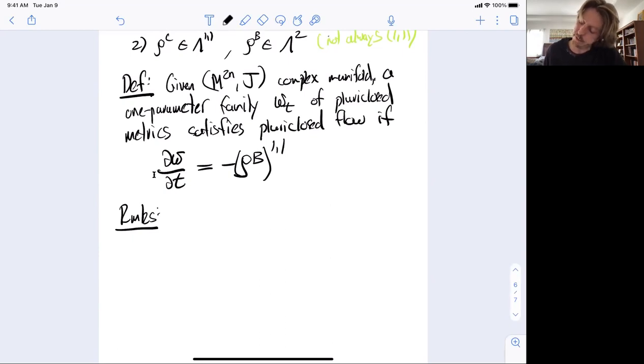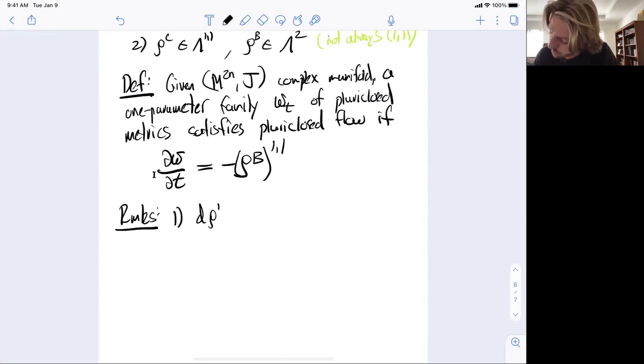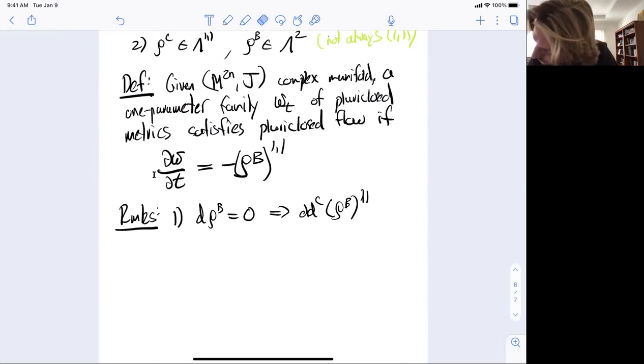But you can at least perhaps believe, since rho bismuth is closed, this implies at least that d/dt of rho bismuth 1-1 is 0. So that follows easily. And so at least the equation appears to be well posed.